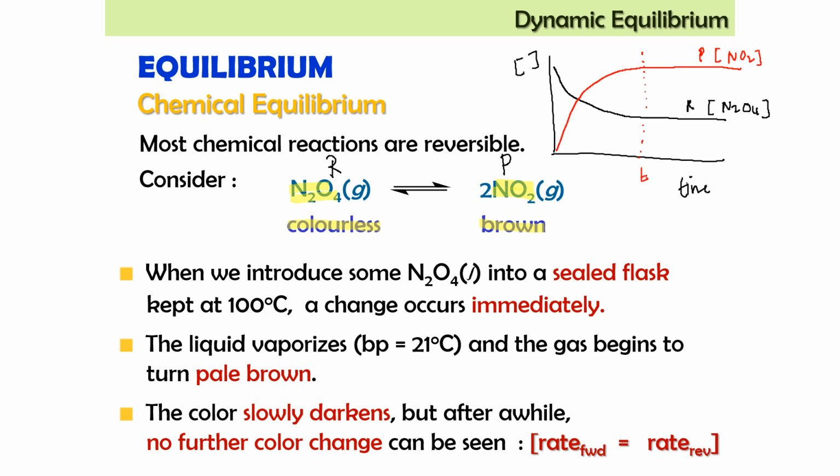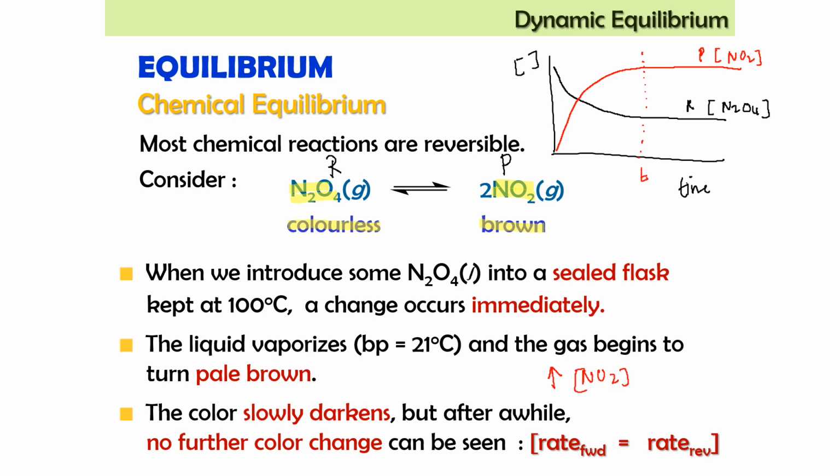The liquid vaporizes and the gas begins to turn pale brown. Mula-mula dia jadi chocolate powder, pale brown, and slowly as you increase the formation or concentration of your NO2.